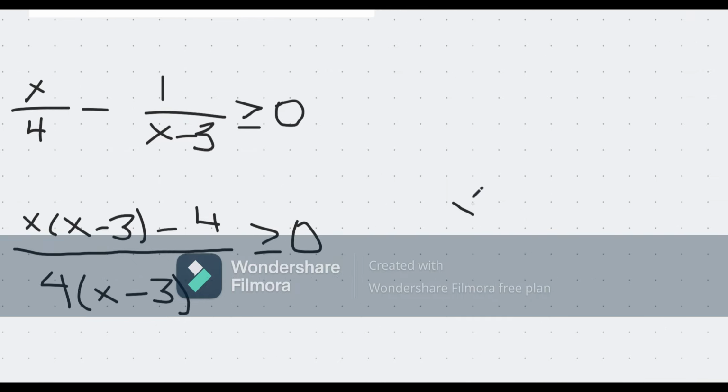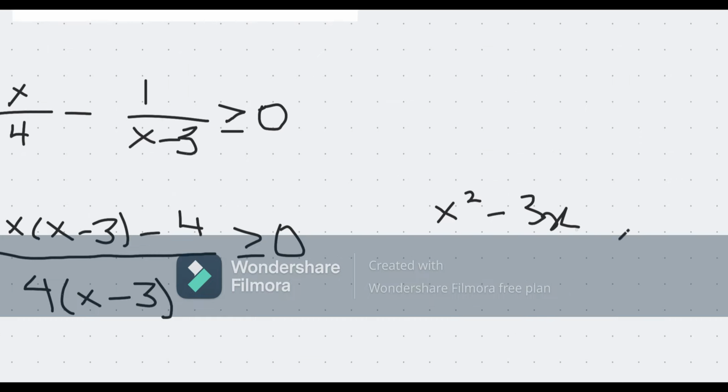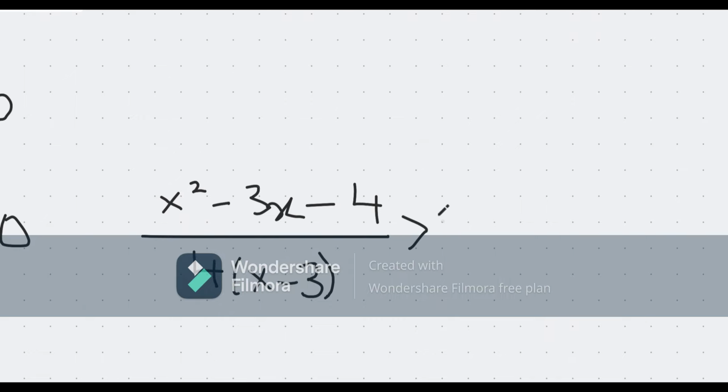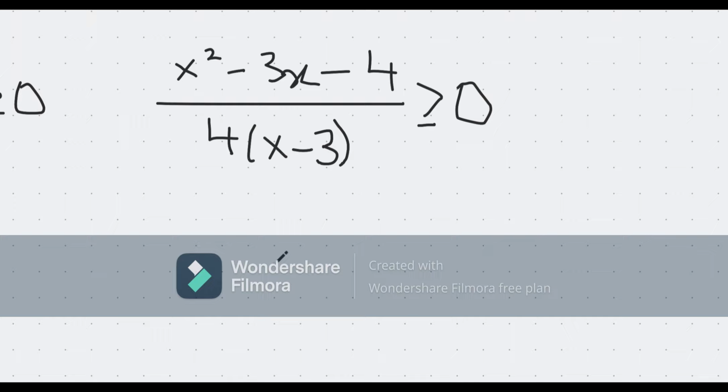So you expand this to get x squared minus 3x minus 4 over 4 times x minus 3 must be greater than or equal to 0.